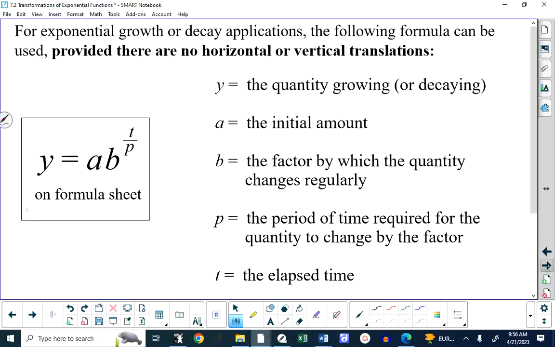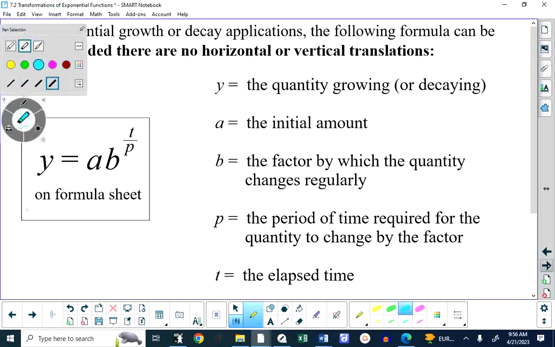All right, so this whole thing I want to spend a few minutes talking about is going to be something that not only do we use today, we're going to use tomorrow, we're going to use the day after, you're going to use all of the time. Anytime you have an exponential growth or an exponential decay. And this formula that we're going to be talking about is valid as long as there are no horizontal or vertical translations.